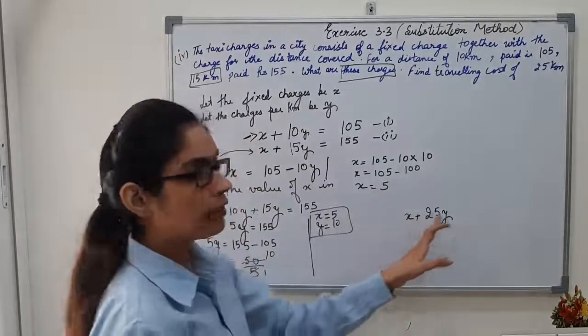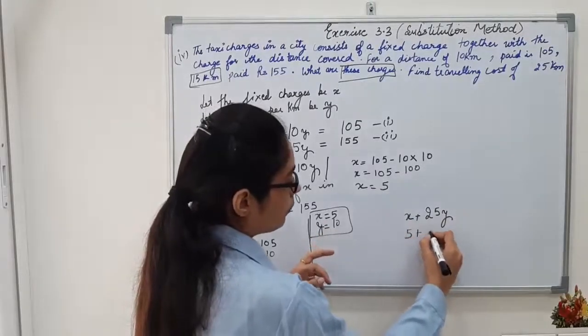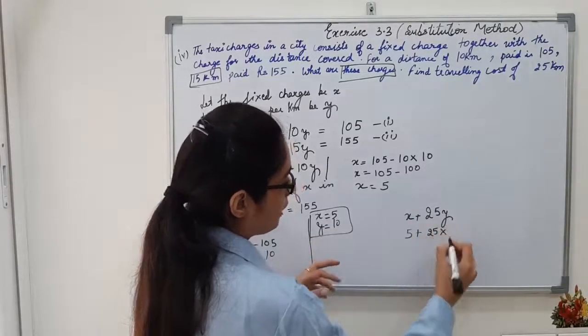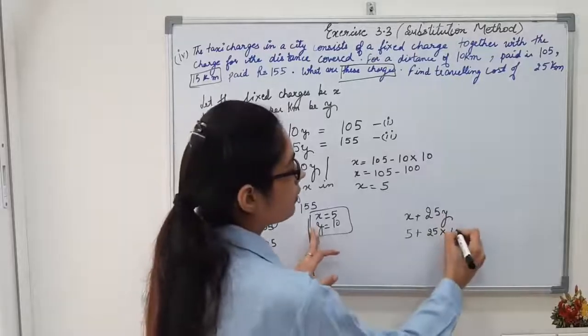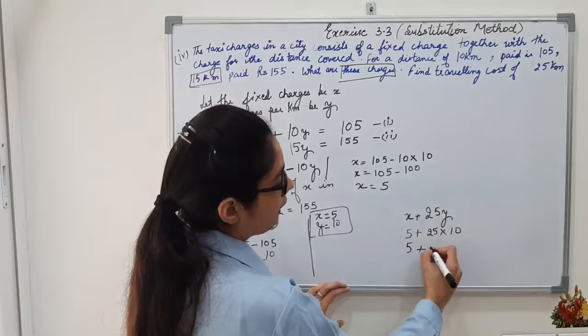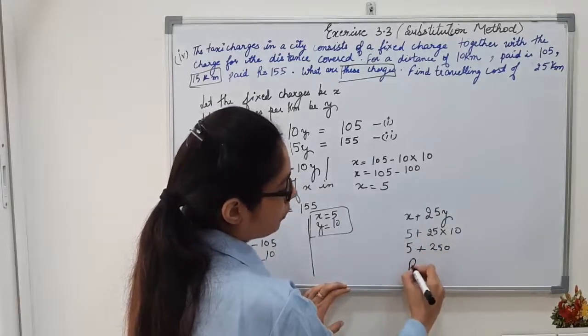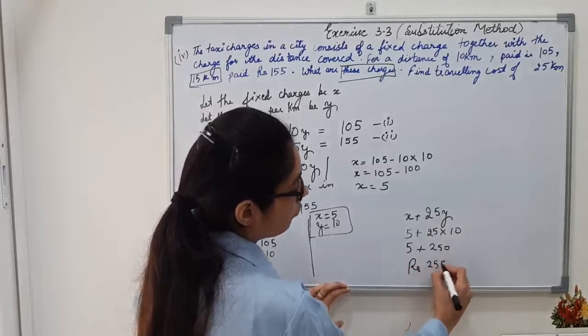So I will write the values of x and y now. x is 5, 25 will come as it is, and y is 10. 5 plus 25 into 10, it will be 250. So 250 plus 5, it will be rupees 255.